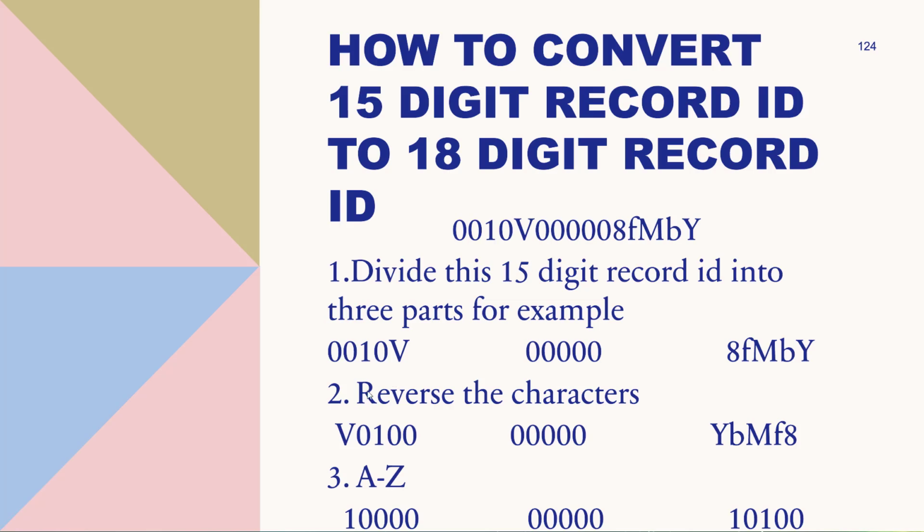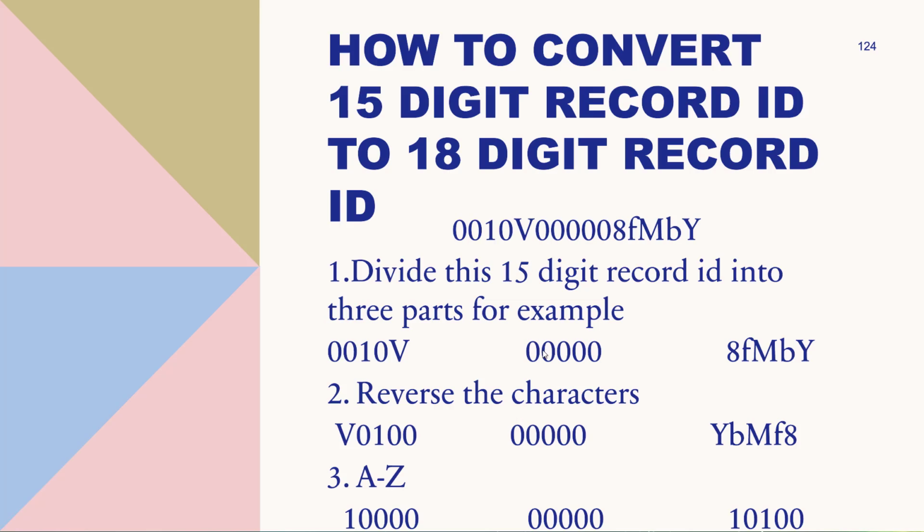Now our next step is to reverse the characters. So we take our first part and reverse it, starting from the last, V 0 1 0 0, and this is how we reverse our first part.